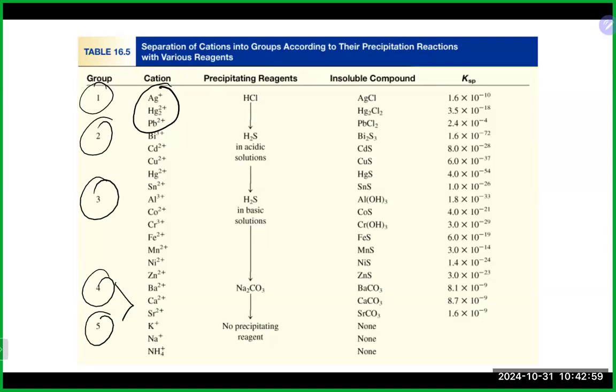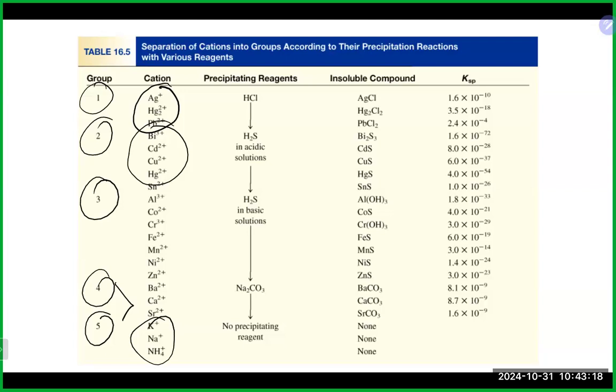Group 2 has some other guys in there, like cadmium, copper, bismuth, and all those kind of guys as well, group 3 and so forth. When you get down to group 4 or 5, you get a lot of things that are soluble in everything, like potassium, sodium, and ammonium.